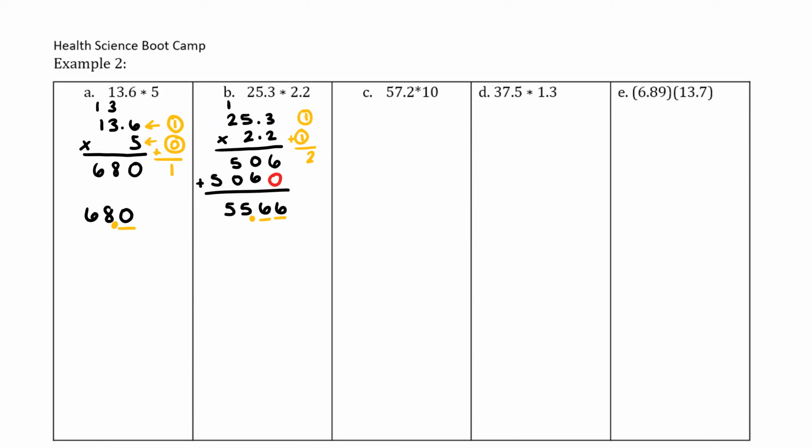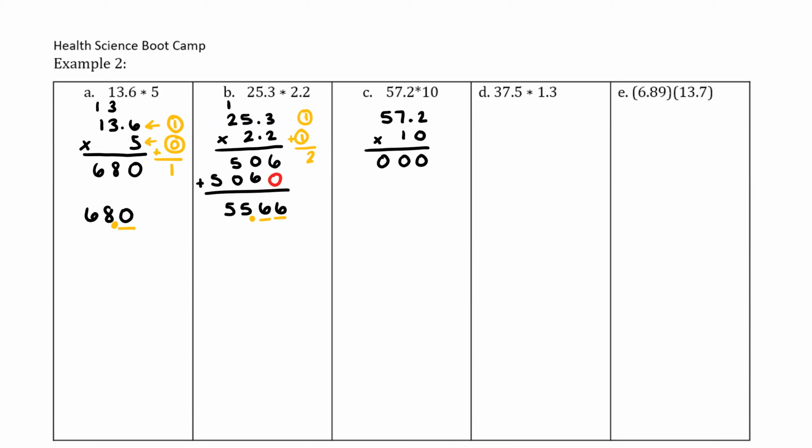Okay, let's try 57.2 times 10. So first I'm going to multiply by 0. 0 times 2 makes 0. 0 times 7 makes 0. 0 times 5 makes 0.